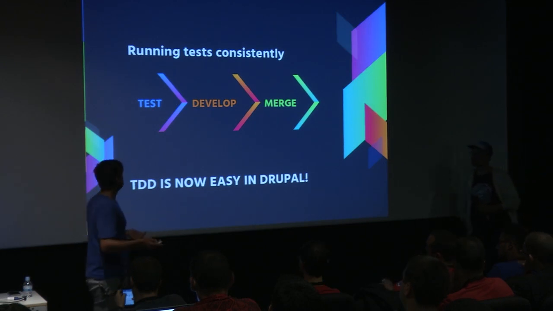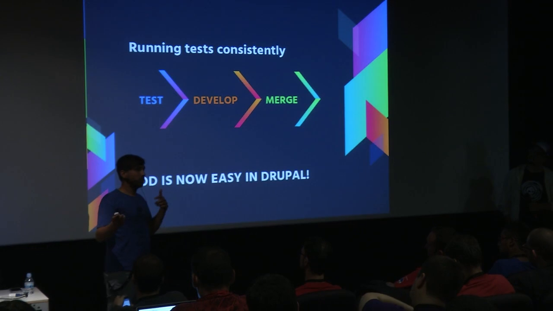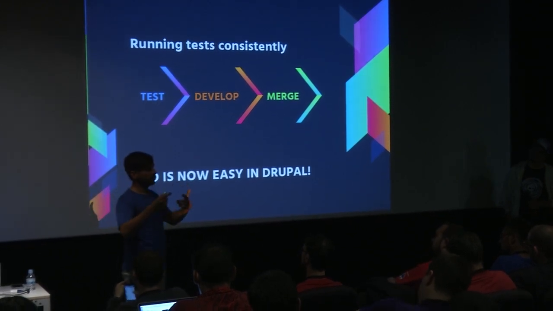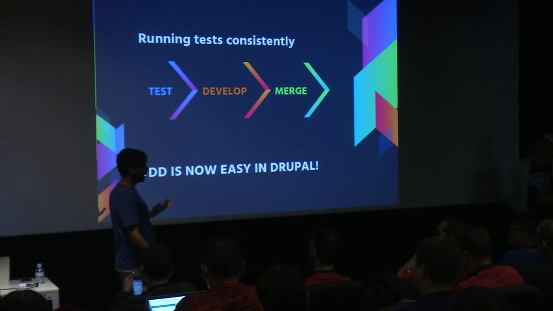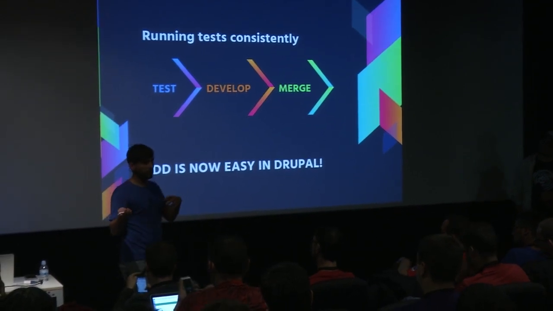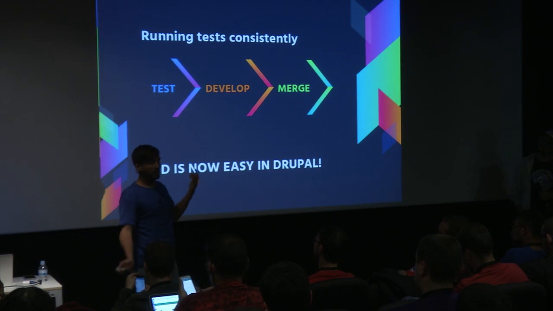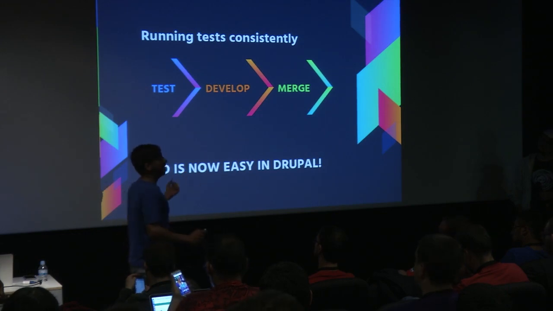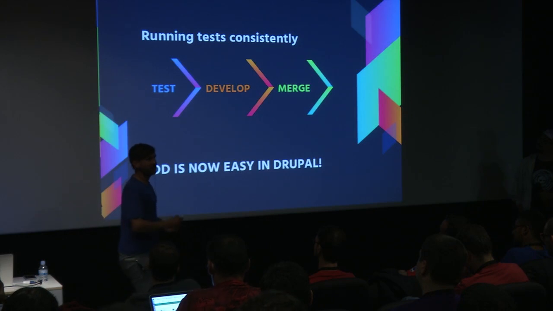So doing TDD is really awesome, especially when you're in that phase of the project where you already developed most of the functionality and you're dealing with bugs. That is really cool. And now with unit testing in Drupal core, you can do it. Finally, it's like it's 2004 for Drupal.